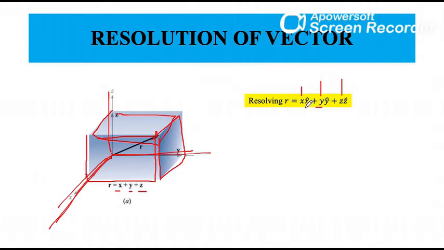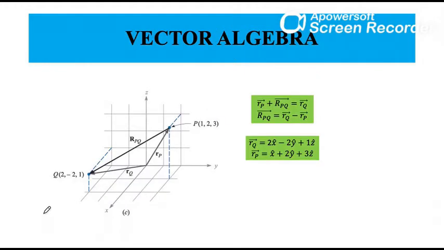Okay, x hat, y hat, and z hat are the unit vectors along the x-axis, y-axis, and z-axis. So we have seen how we can resolve a vector into 3 different vectors which are placed mutually perpendicular to each other.